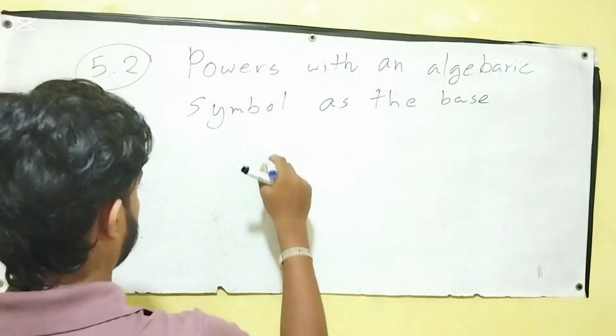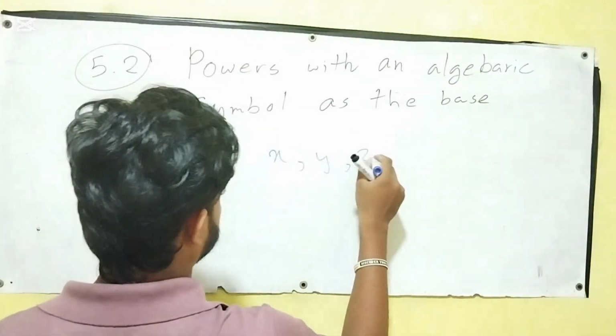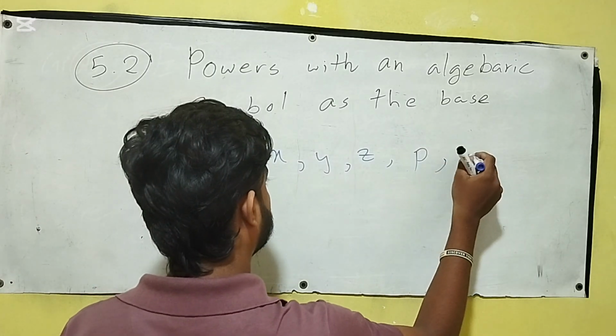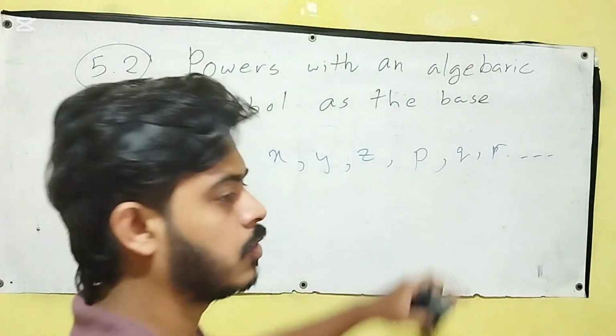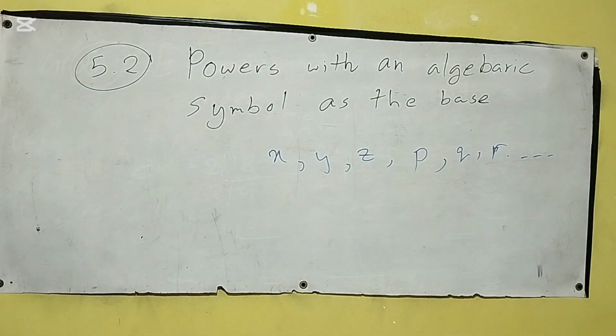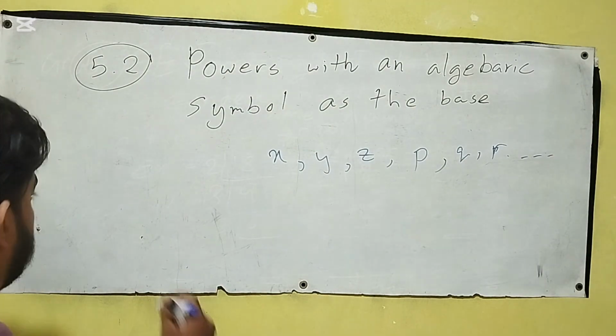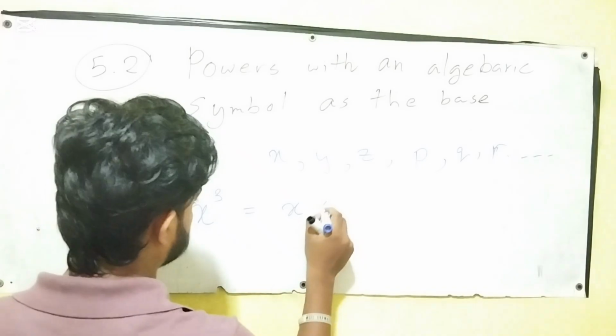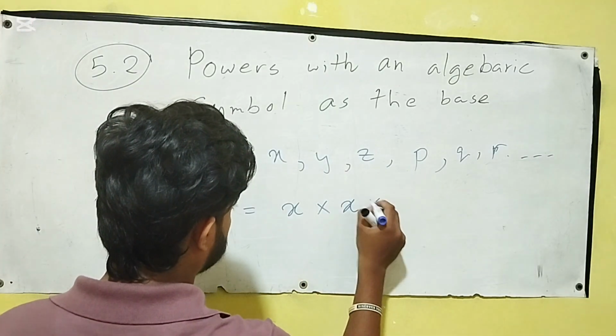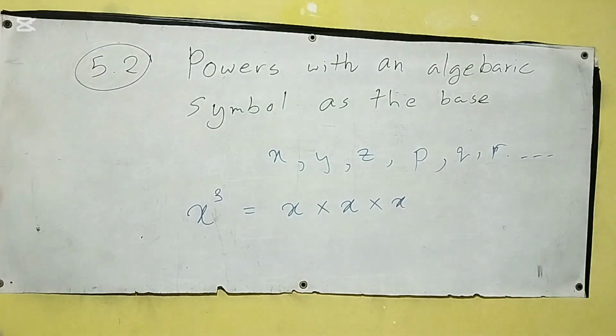Simply unknown terms. So I said p, q, r, like that. Okay? Algebraic unknown terms. Remember that. How to write down? Think x to the power 3. How to expand? x multiplied by x multiplied by x. That is the idea.